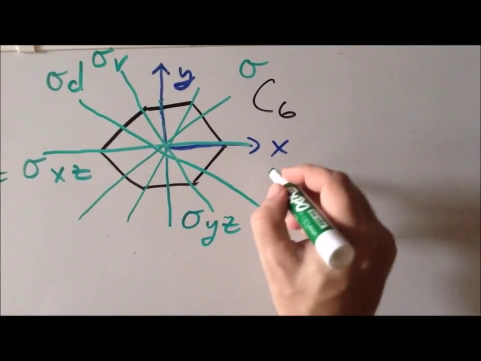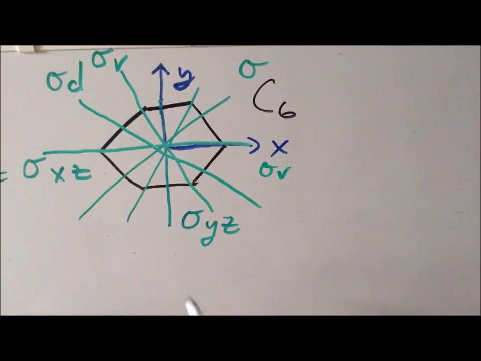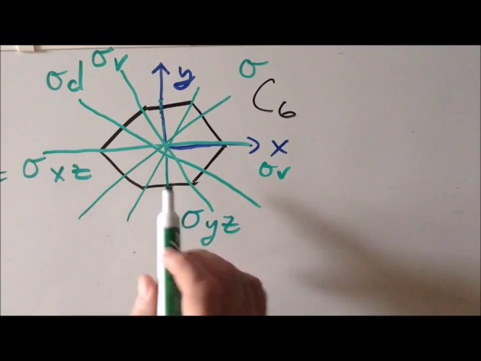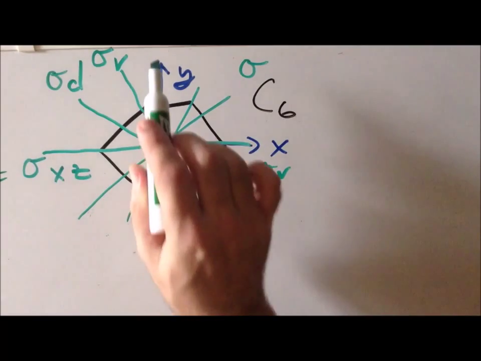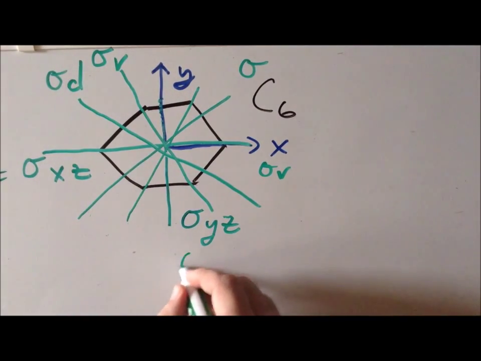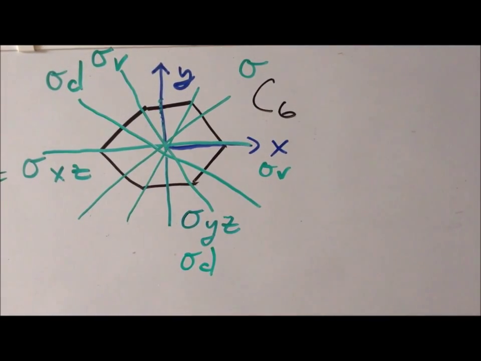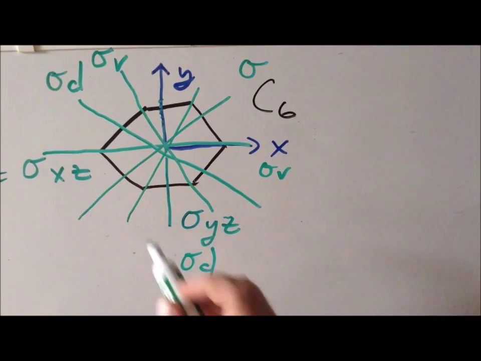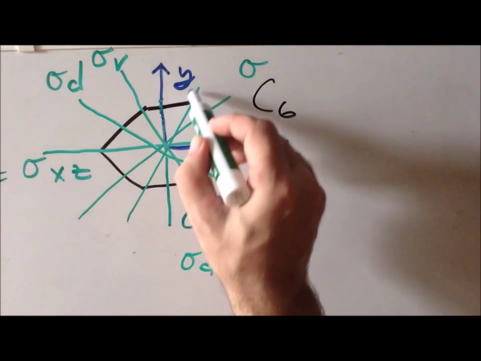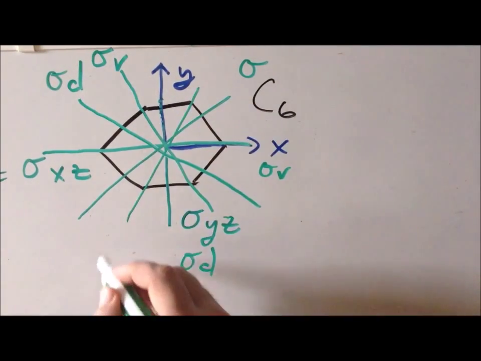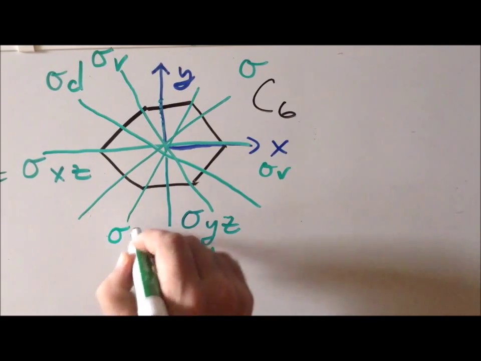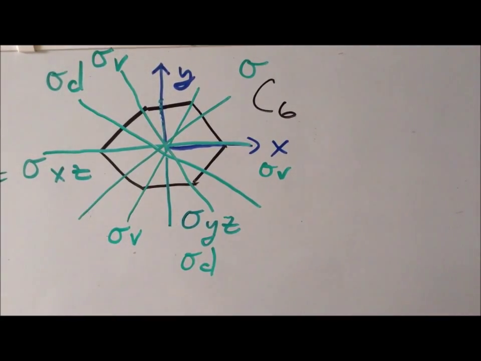Similarly, this particular mirror goes through two vertices, so that must be a sigma v, or vertical mirror. And this particular mirror goes between the vertices, so that must be a sigma d. So we're able to label the vertical mirrors and the dihedral mirrors for the hexagon.